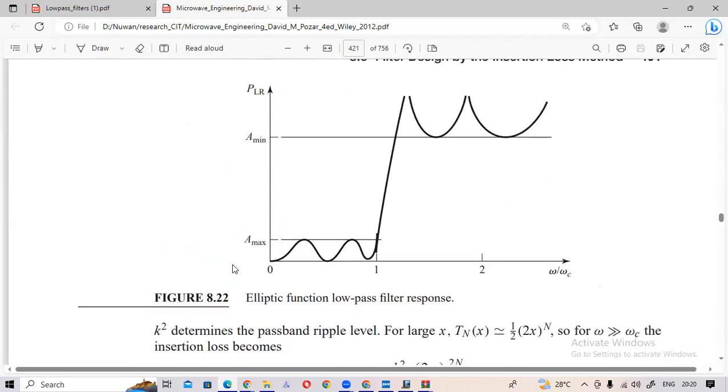Actually, you can see that this is a low pass filter response.